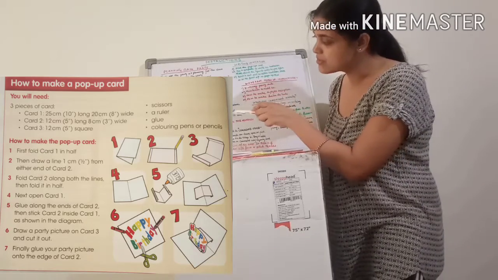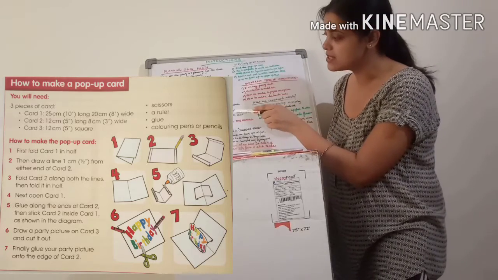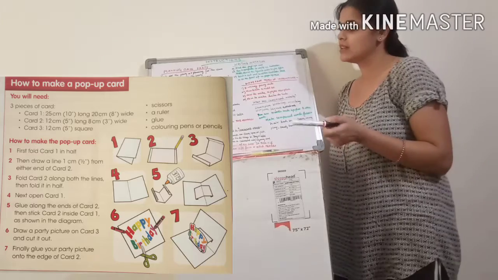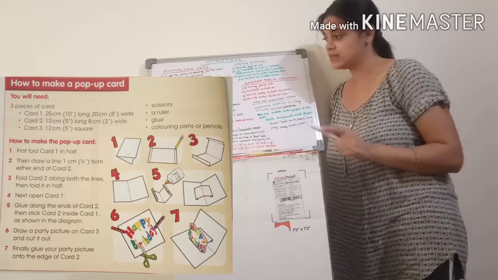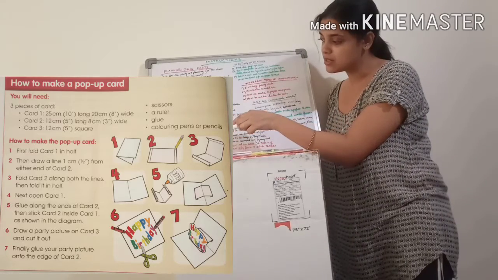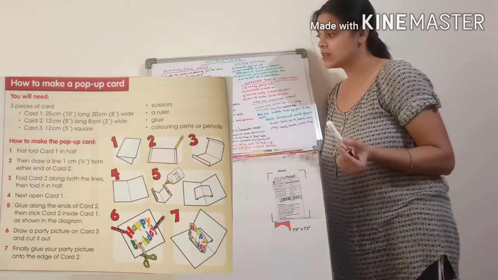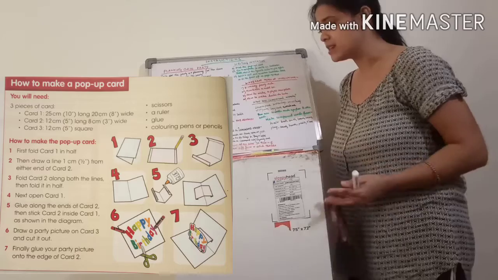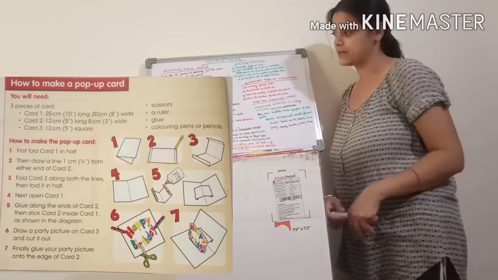Follow the instructions for making a pop-up card. Put your card in a safe place. You may need it later. Now look at this chart. The form of verb used in instruction text is called a command verb, because it tells us or commands us to do something such as draw, open or fold.